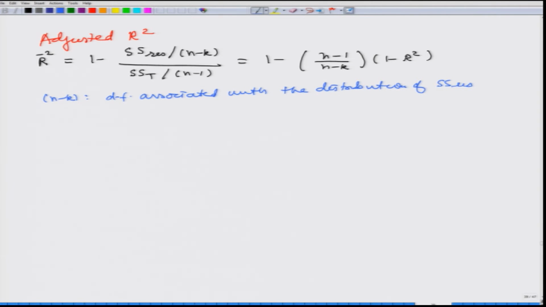And similarly, we are dividing the total sum of square SST by n minus 1. Here again, this n minus 1 is simply the degrees of freedom associated with the distribution of SST in the context of analysis of variance.